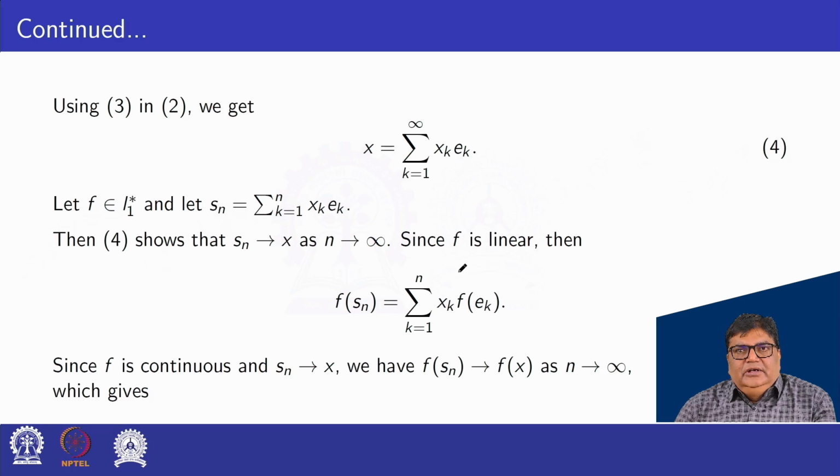Since f is linear, f of Sn equals summation k equals 1 to n of xk f of ek.